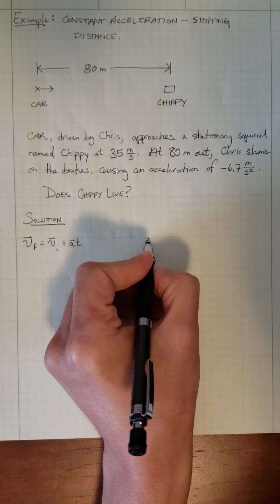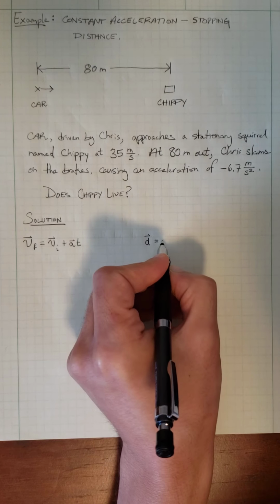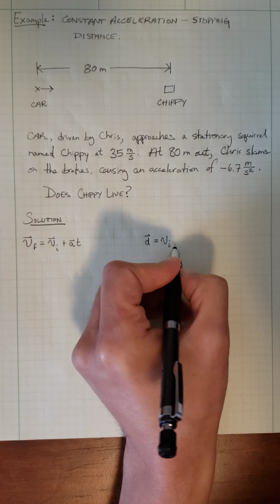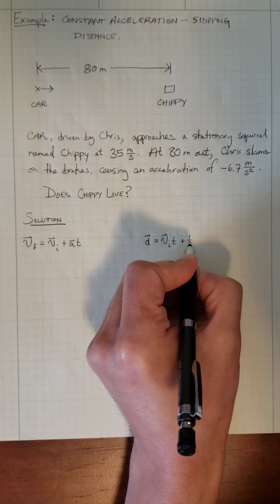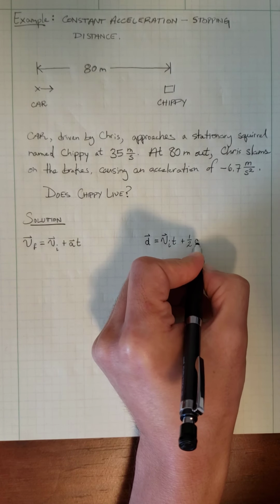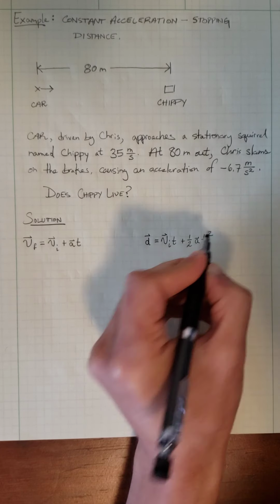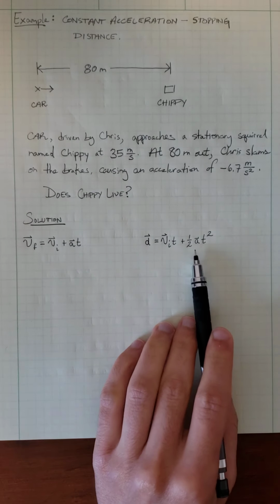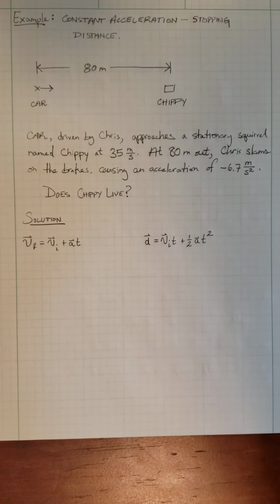And secondarily, we have this equation that we just introduced last time and showed where it came from. And that's d equals vit plus 1/2 at squared, the distance covered during an acceleration. In this case, a negative acceleration, but that's no trouble.